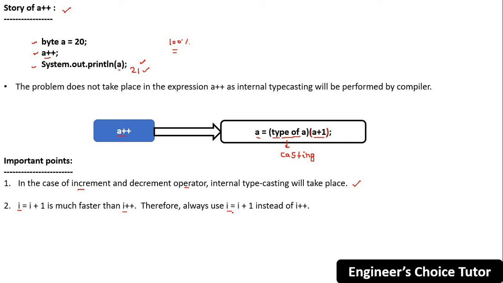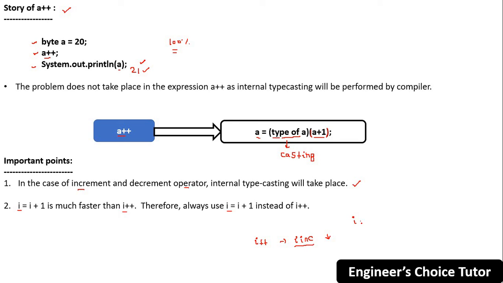Both the expressions use different JVM instructions in bytecode. For example, i++ uses the iinc instruction, which is a bit slower.